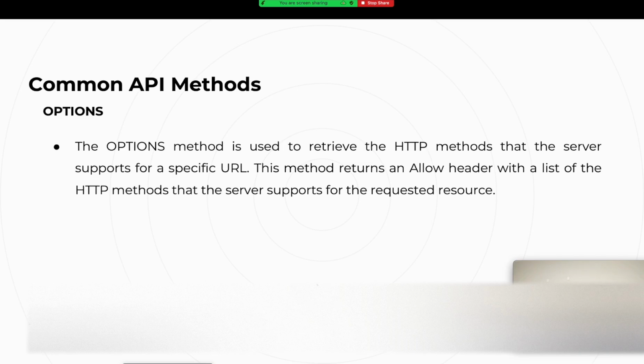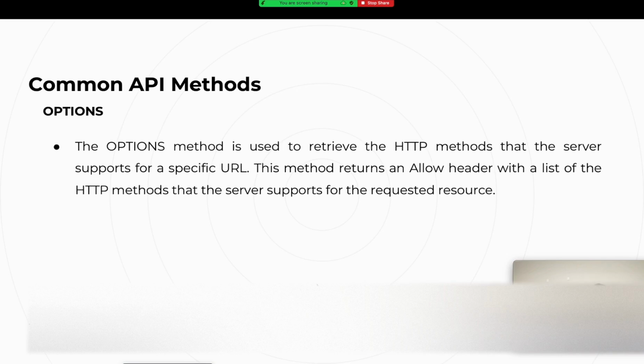That means you are asking the server, can you tell me what I can do with Michael's data? The server will tell you, okay, you can edit Michael's data, you can delete Michael's data, but you cannot create Michael's data. That means if you hit options with Michael, it will return put, patch, delete. Why?